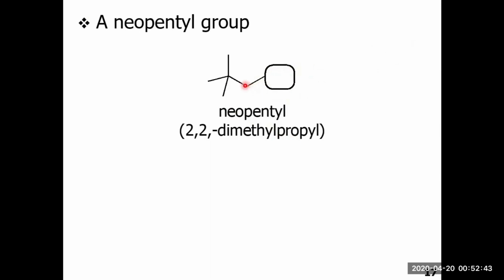This becomes carbon 1 with respect to your alkyl group. So 1, 2, 3, that is 3 carbons, that is propyl. And if you notice at carbon 2, you have a methyl group here and another methyl group here. So you have dimethyl, and both of them are connected to carbon 2. So it's 2,2-dimethyl propyl.